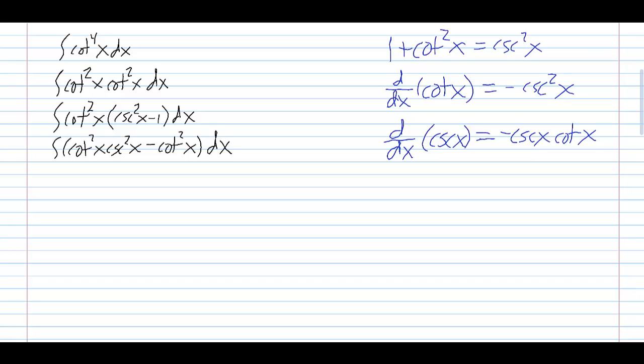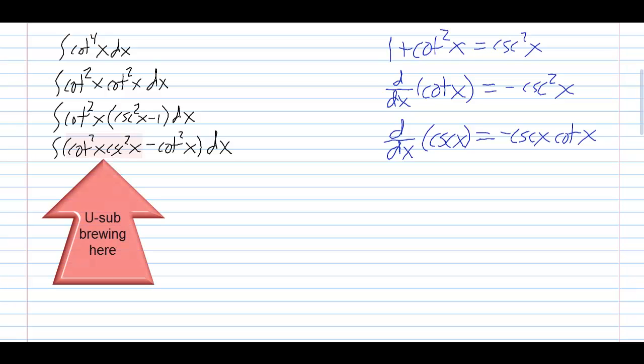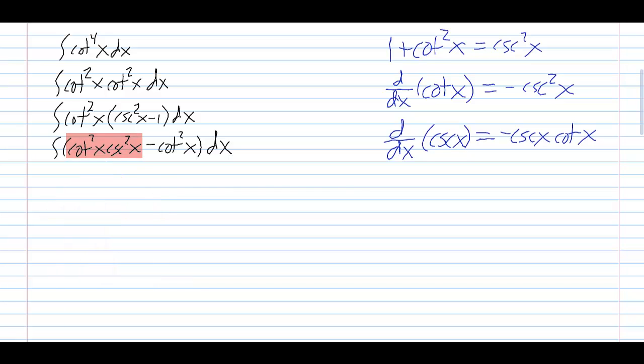Okay, things are starting to come together for me. When I see the cotangent squared x cosecant squared x, I'm already kind of thinking a u sub for that. If I let u equal cotangent, du is a negative cosecant squared. But I still have this pesky cotangent squared x cruising along here at the end.